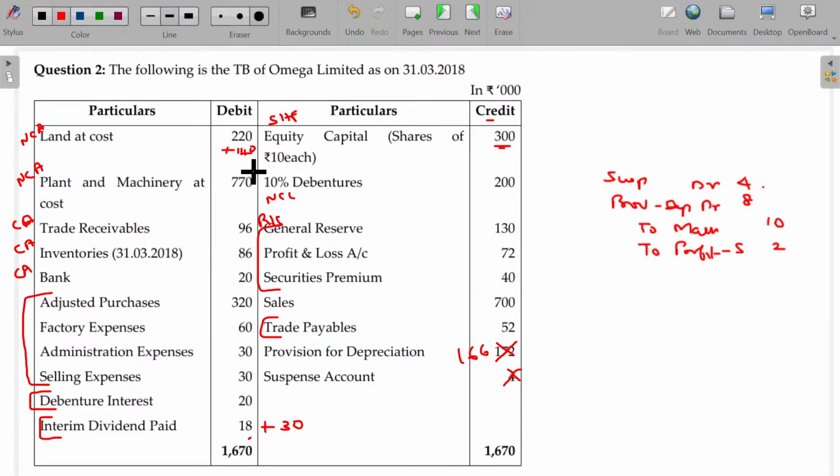Machinery of 10 is going to be removed, 760. And profit on sale will be a part of profit only. So 72 becomes 74. Otherwise, I can post a new account, profit on sale. Hope now you'll be able to understand how to adjust this. It's only a rectification of error entry.